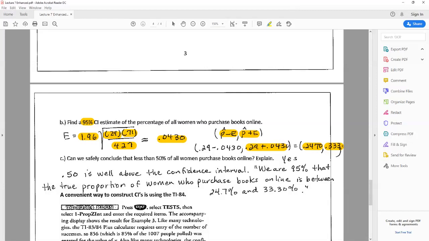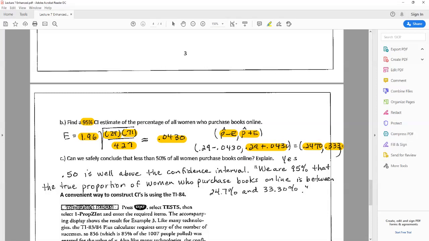And using a 95% confidence interval, we now know that the true proportion of women at the 95% level who actually purchase books online is somewhere between 24.7% and 33.3%.